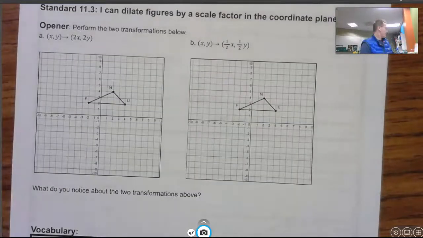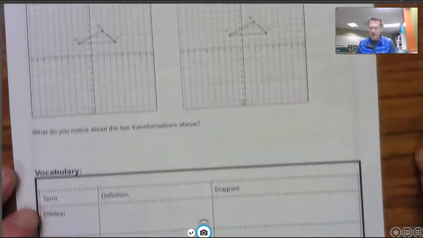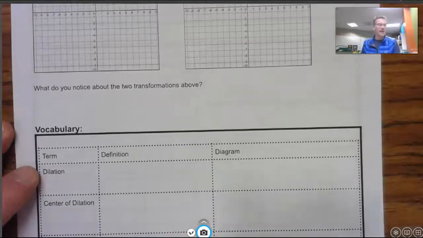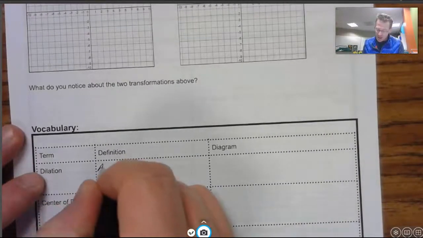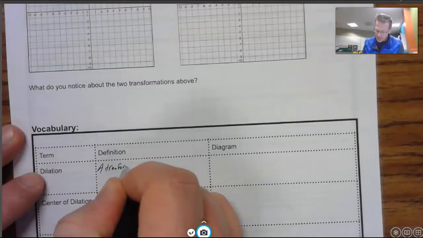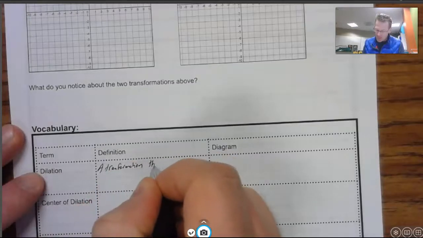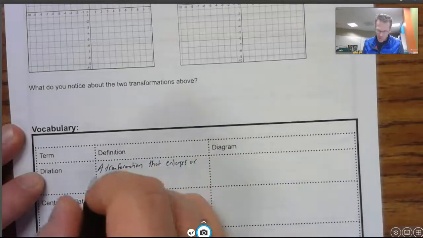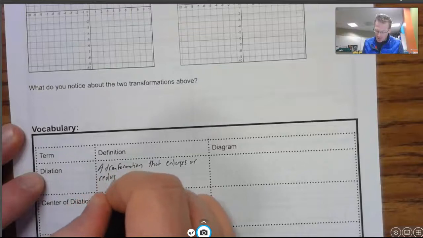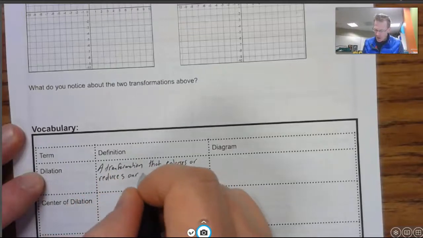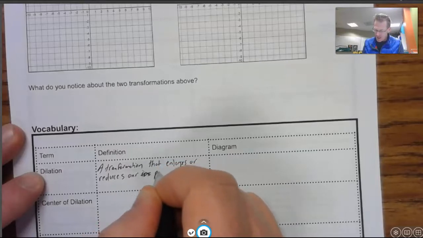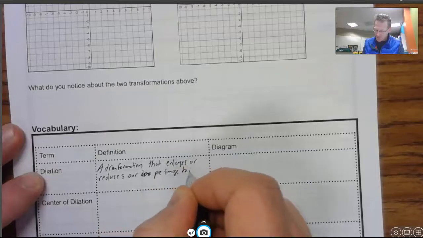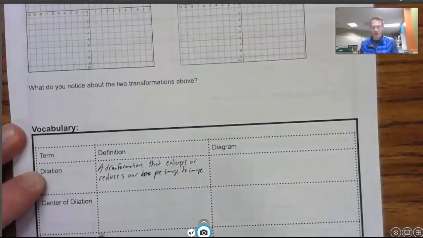So that's what a dilation is. It is just a transformation. If we go down here and look at our definition: a dilation is a transformation that enlarges or reduces our pre-image to image about a fixed point.